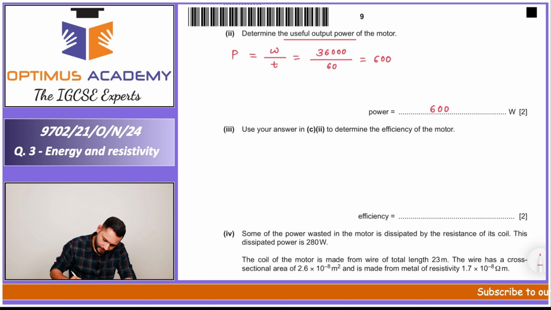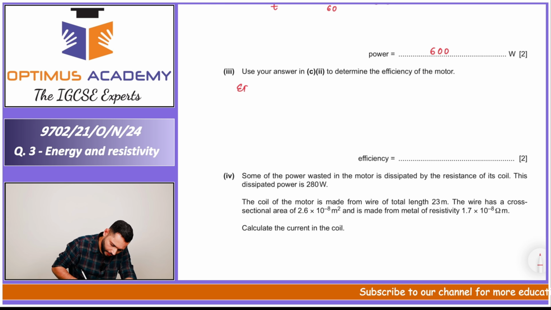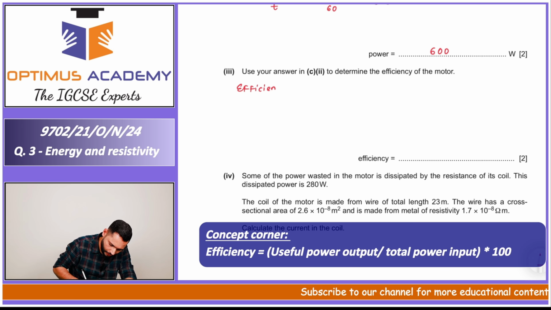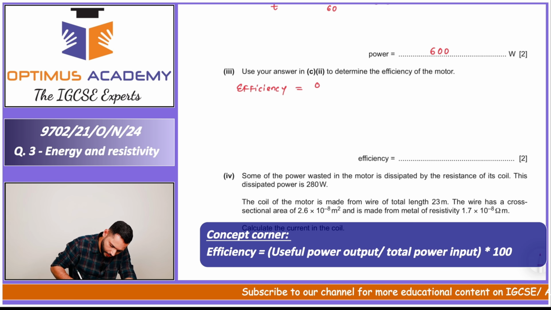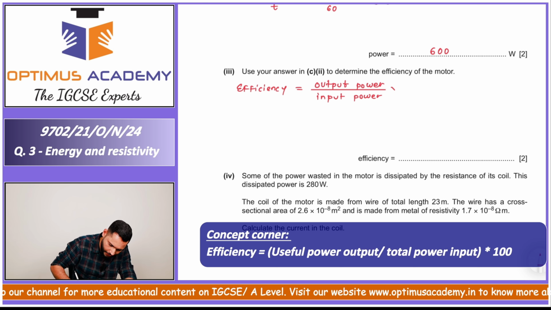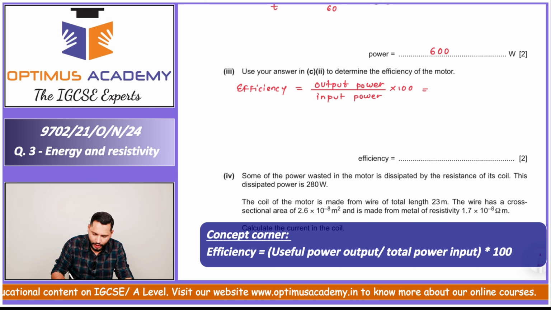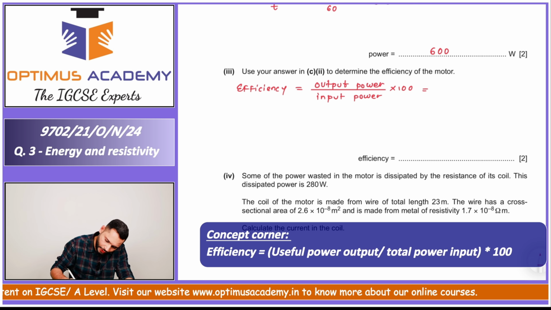Use your answer in C2 to determine the efficiency of the motor. Efficiency is output power upon input power into 100. Note that it is total useful power output upon input power into 100. How much is the useful power output?